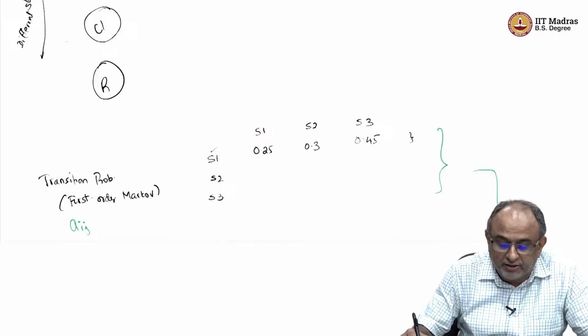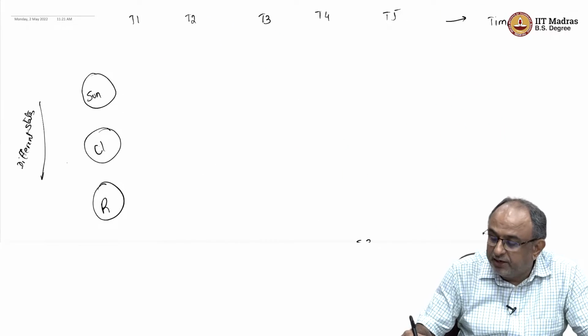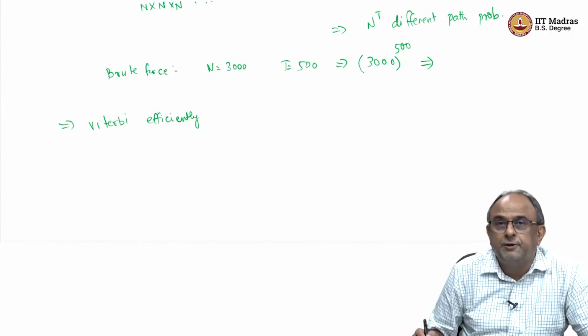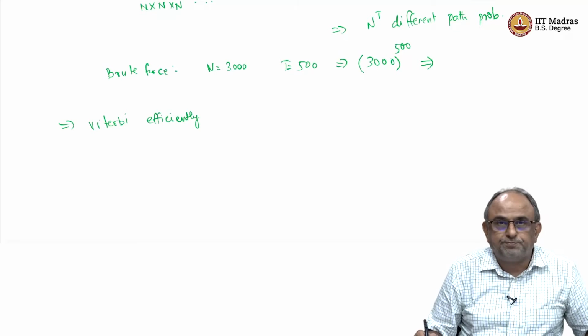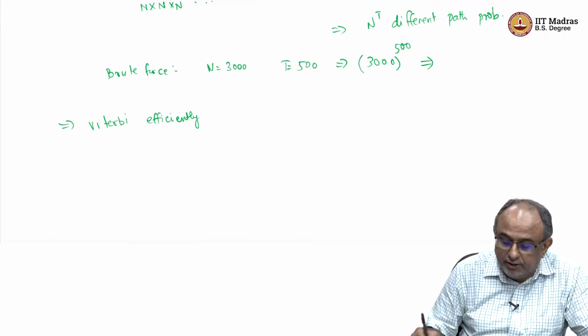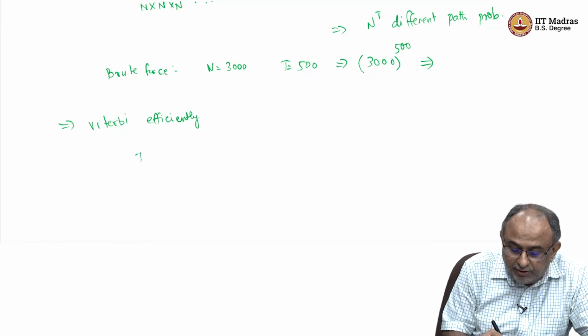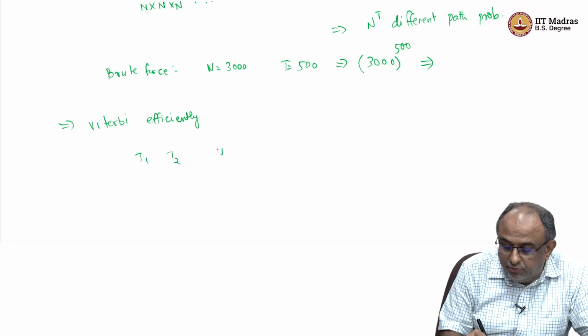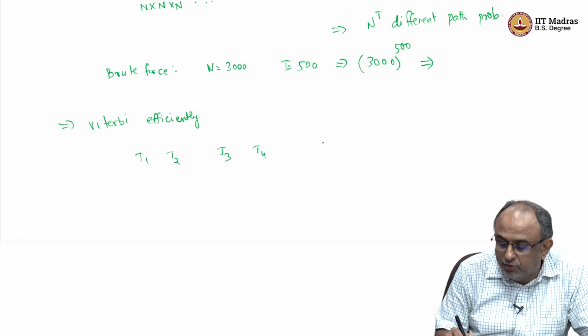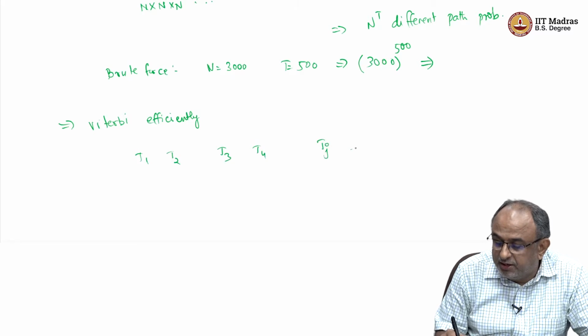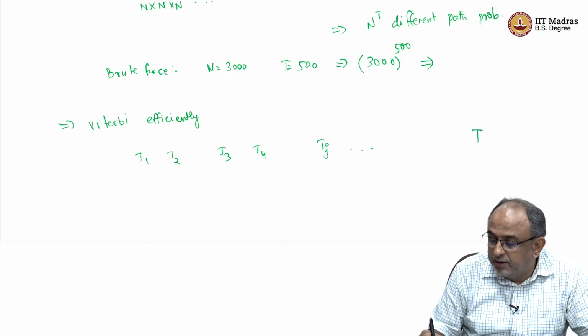So, what is the basic idea of Viterbi? The basic idea of Viterbi is very simple. Let's say that I have so many time instants, T1, T2, T3, T4, some Tjth instant, and then T capital M, the last one.